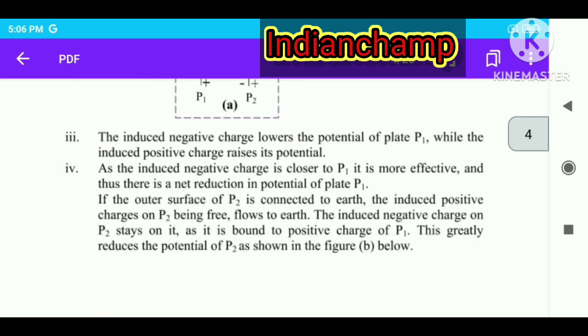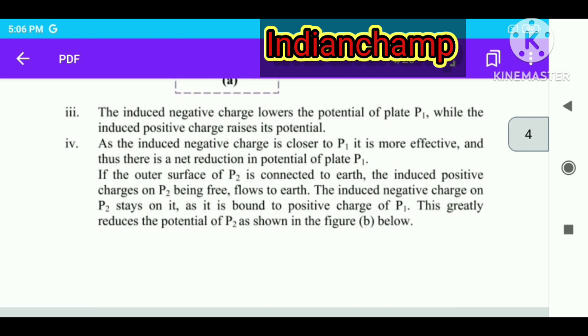Third, the induced negative charge lowers the potential of plate P1 while the induced positive charge raises its potential. Fourth, as the induced negative charge is closer to P1, it is more effective and thus there is a net reduction in potential of plate P1.